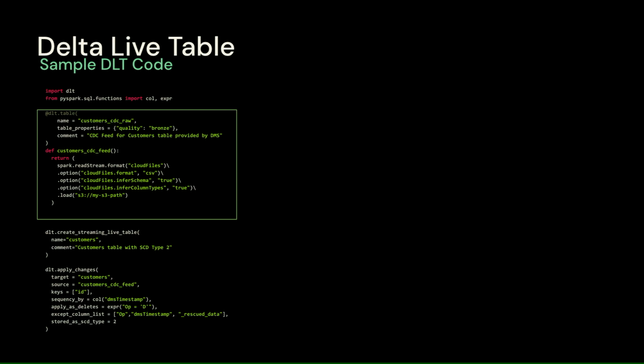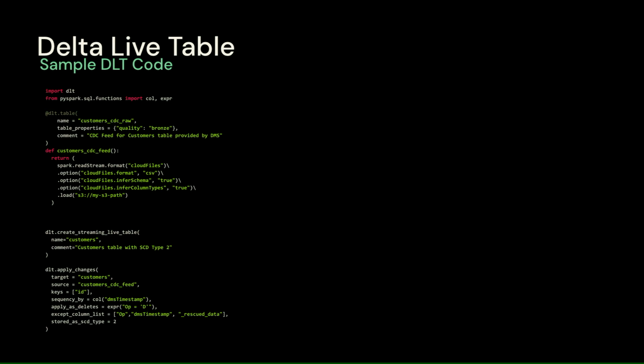This is Auto Loader, and Auto Loader has built-in capabilities to infer schema automatically. Then we return a data frame from this function, and DLT takes care of incrementalizing it for you. As new CSV files drop in that location, it'll automatically pick them up and process them for us. So now that's our source table, representing the continuously arriving CDC records.